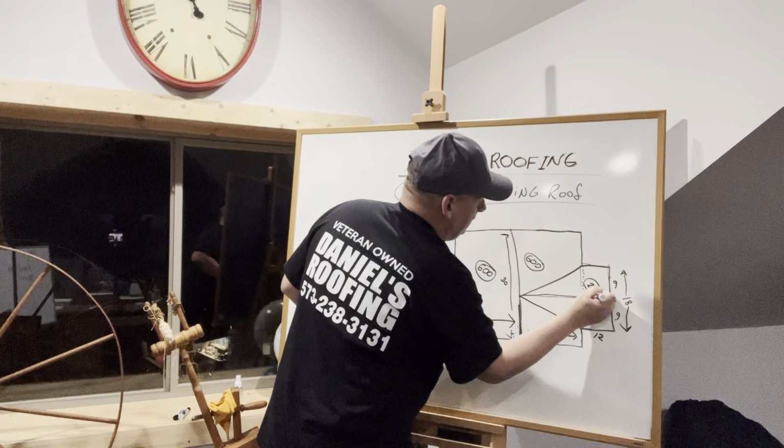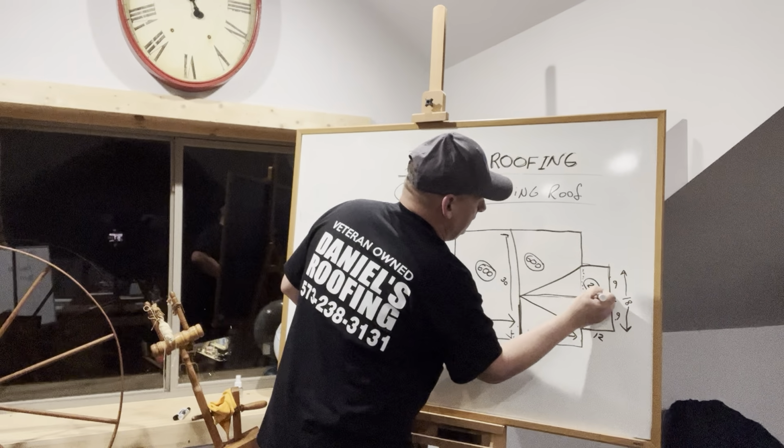16 roofing squares. Now, this roof has valleys. When you have valleys, you have to add more anyway, but you have to add more because the valleys will take extra waste, extra material. So on this one, if I was to order material for this roof, I probably would order 18 square.